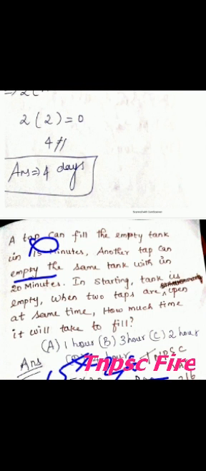Always multiply in the numerator; in the denominator you subtract the two values. We use minus because it is emptying, not together.